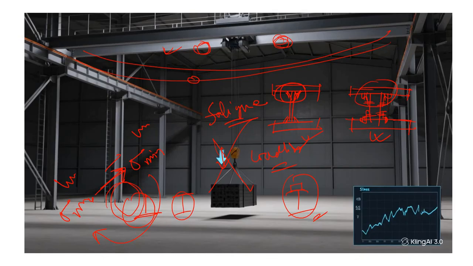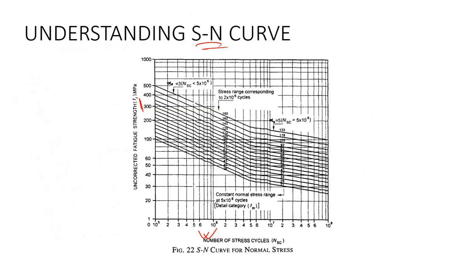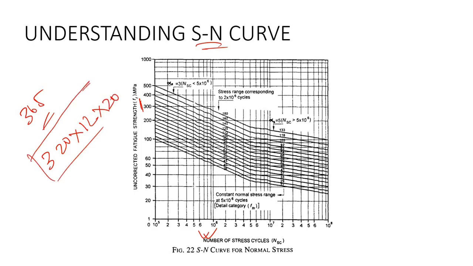In your factory or shed, the total number of stress cycles is defined as follows. In 365 days, let's say your plant operates for 320 days, and per day it has, say, 12 working hours, and per hour, for example, 20 cycles. If you simply multiply these, you will get a number, that is your number of stress cycles.